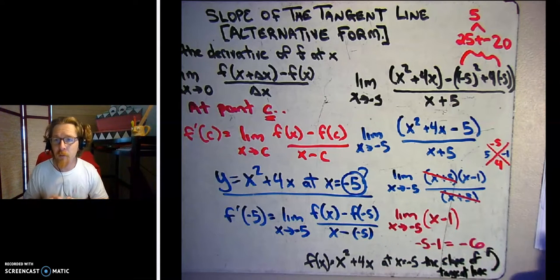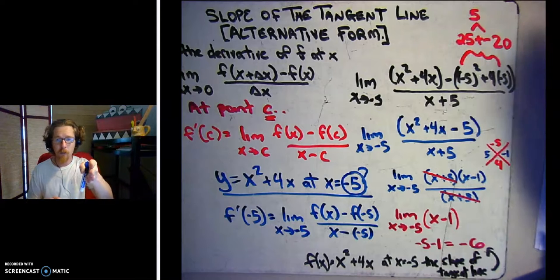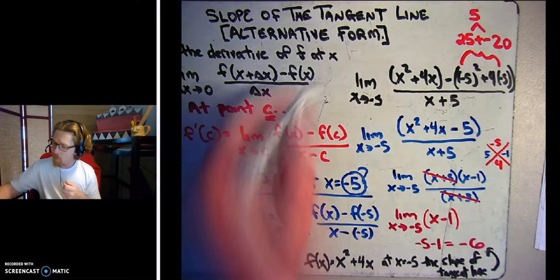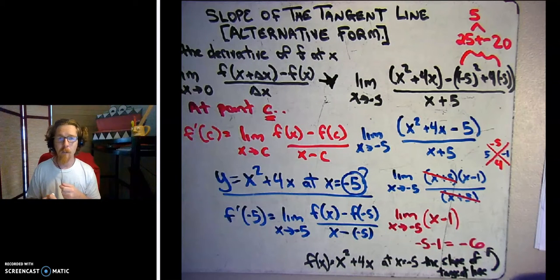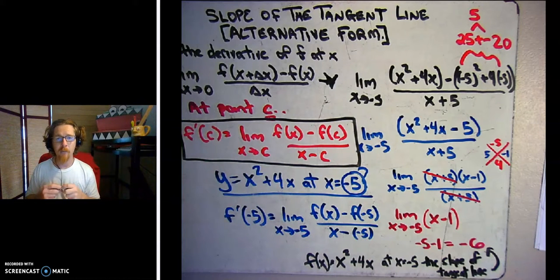And remember, -6 is a slope, so that means rise over run. So you're going to go down 6 over 1. So finding slopes of tangent lines, there's multiple methods. One, you can use the definition of the derivative, or you can use this alternative method, just starting directly at that value of c.